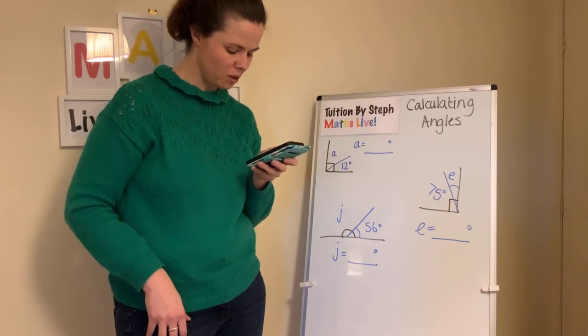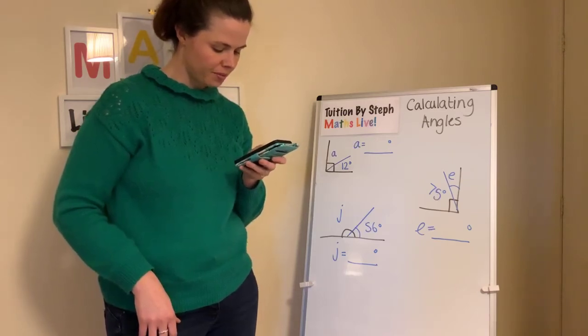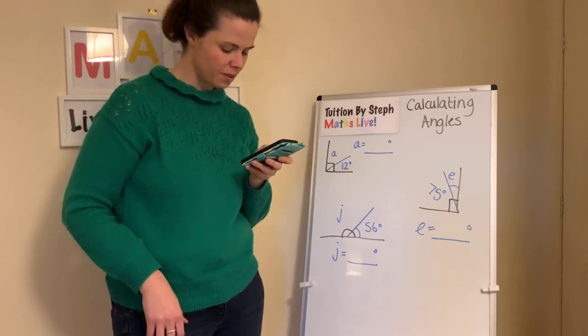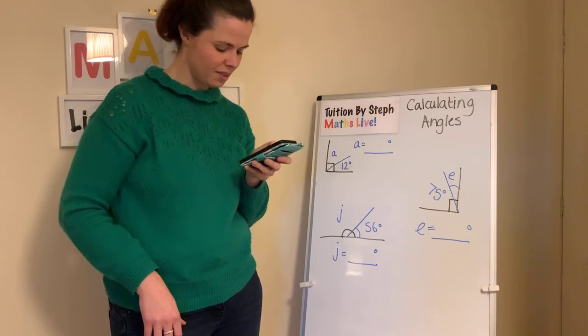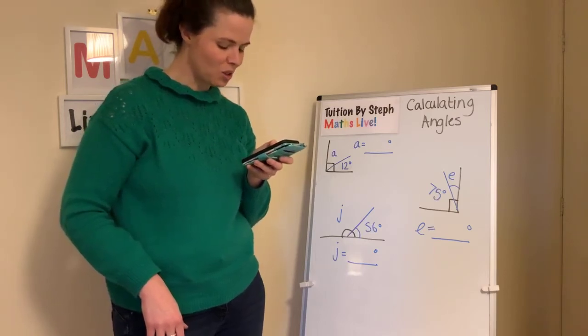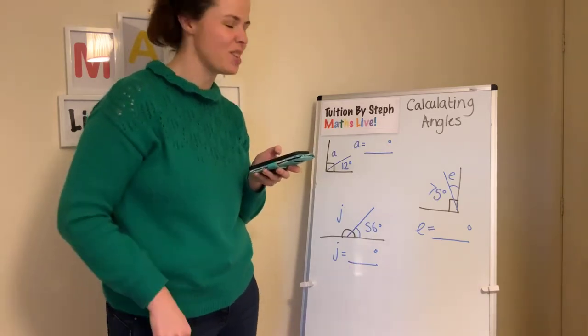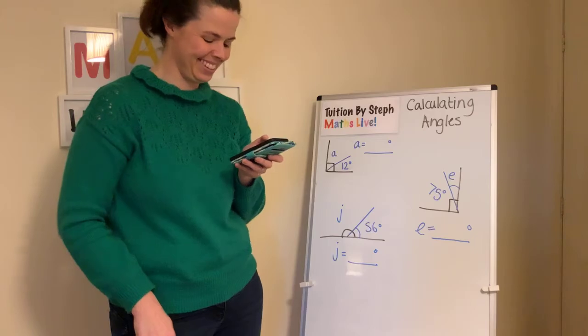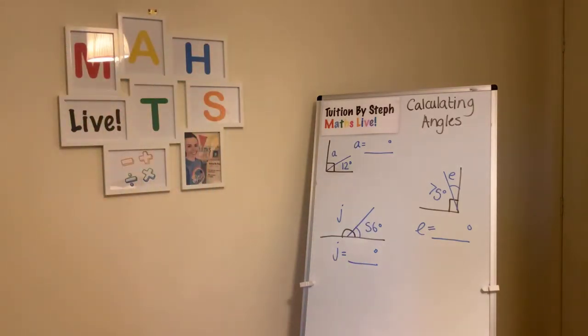Hello. Well done, Rihanna, with your answers. I don't like the look of number 3. You of all people, I know who said that. You can do that one. Oh, got some answers coming in. Brilliant.